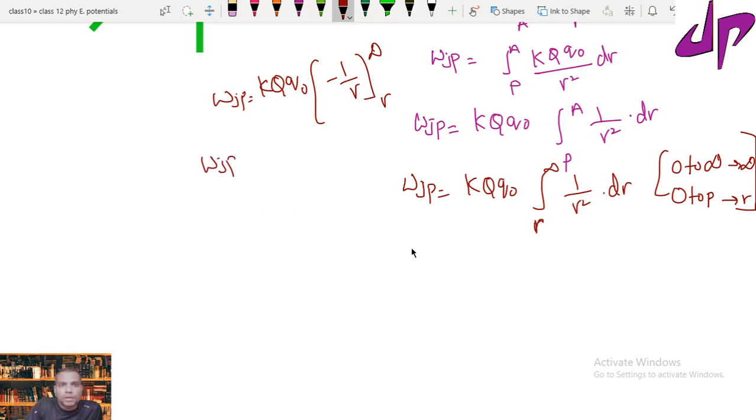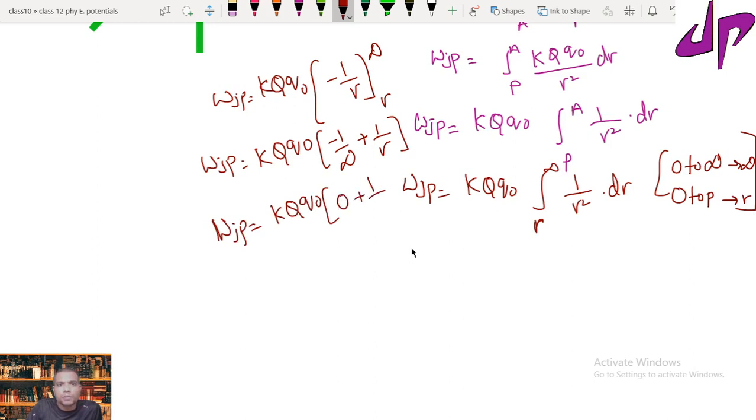Now if we substitute the limits, the work done by me equals K capital Q small q naught times minus 1 over infinity, minus into minus plus 1 over r. So finally I can get the expression: the work done by me equals K capital Q small q naught, 1 over infinity, the value goes to 0, plus 1 by r. The final expression we can write as the work done by me equals K capital Q small q naught by r.